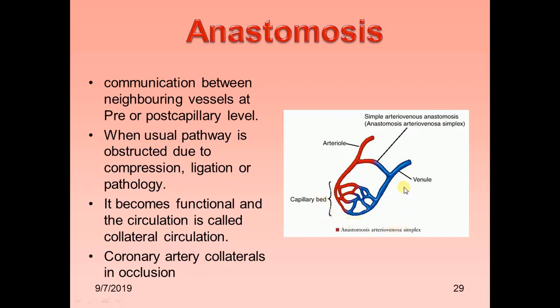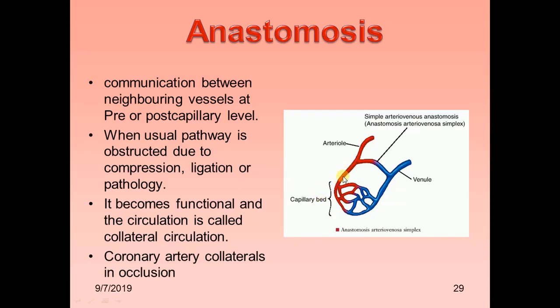In that case, that circulation is called collateral circulation. To put it in terms like, if an artery is blocked in the heart, then naturally we develop through a surgical procedure a collateral circulation by connecting these two blood vessels, bypassing the area of block.